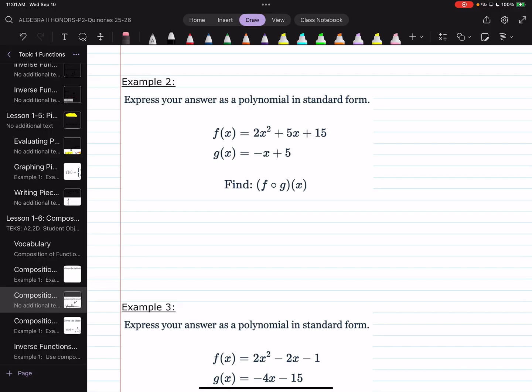Well, remember, f of g is the same thing as this. So you need to put in whatever g is. No, I don't know what you mean by change it.